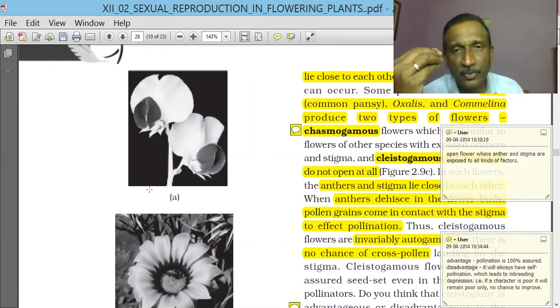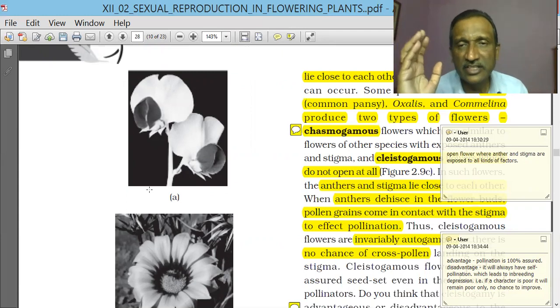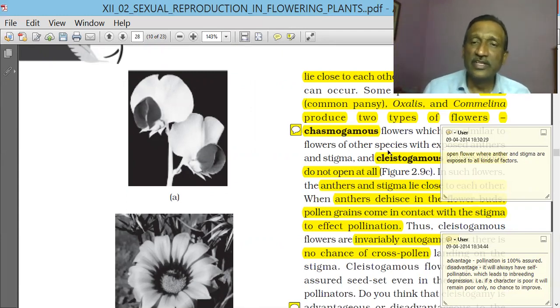So the pollen grain can transfer from anywhere into any of the stigma. Such flowers are called chasmogamous. Whereas the cleistogamous are those flowers which are closed and where the pollen from outside cannot enter. Such flowers are called cleistogamous.